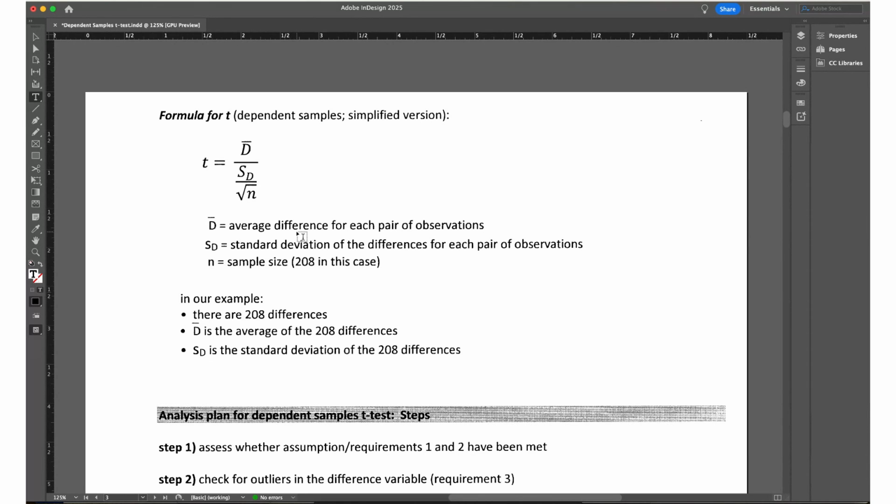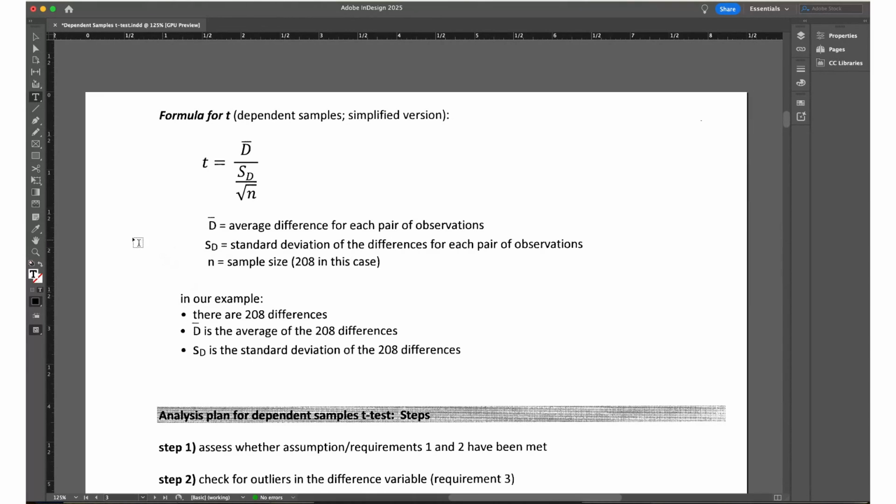In the denominator, we have the standard deviation of the differences divided by the square root of the sample size, so in our example's case, 208. D bar would be the average of the 208 differences, and SD is the standard deviation of the 208 differences.